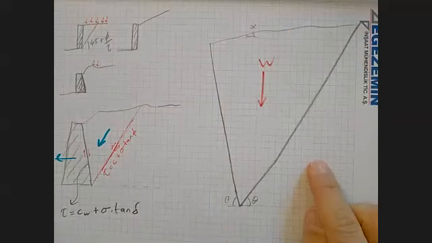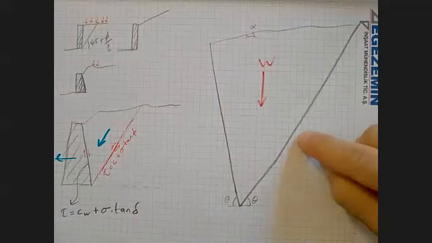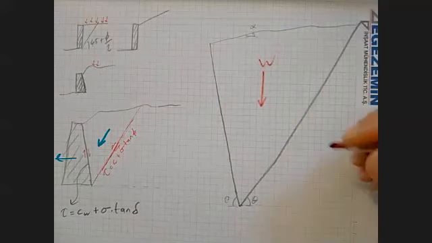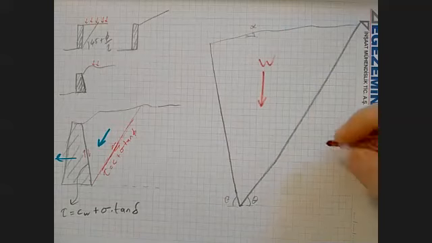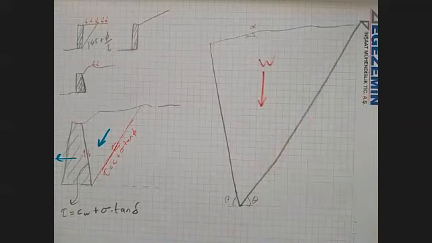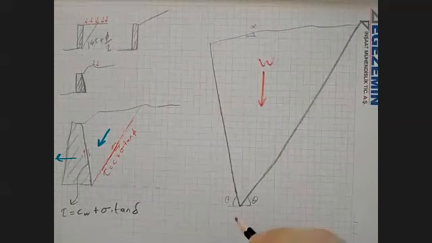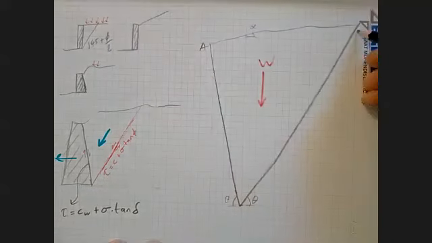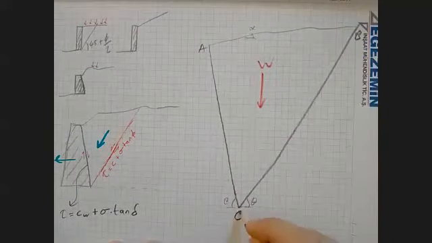And then on this plane, what do we have? We have the normal stress. Let me also put some more letters here. So let's say A, B, and C.